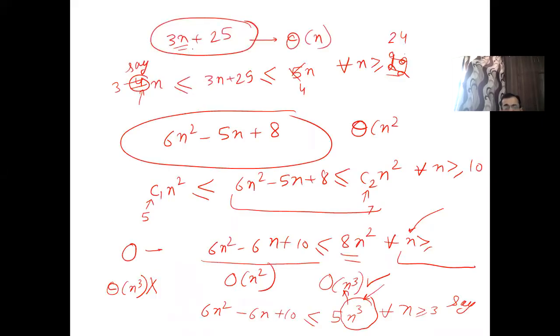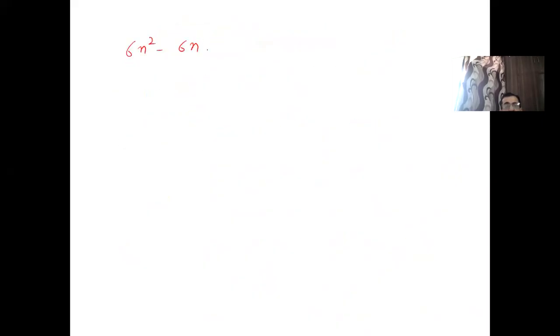Big O of n cube can be okay for this, but theta of n cube will be incorrect. If 6n square minus 6n plus 10 was the step count for some algorithm, it will be impossible to find a constant C1 that satisfies the lower bound for large values of n. It is not possible at all.